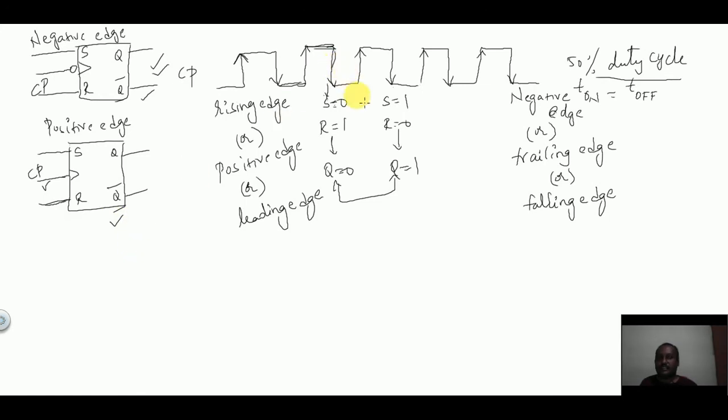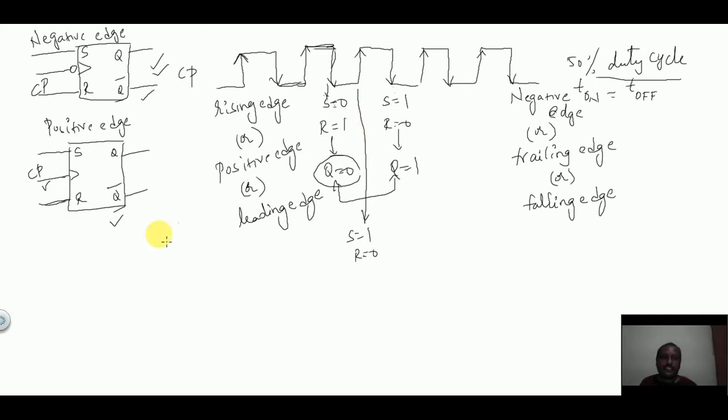So in between what happens? If you change S equal to 1 and R equal to 0, the flip-flop will take the input but retain the same output till the next negative edge of the clock pulse occurs. So this is the basic difference between flip-flop and latch.